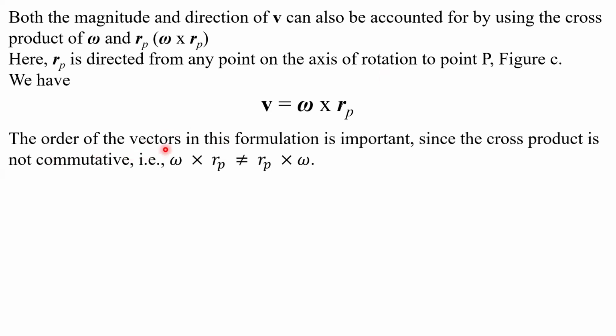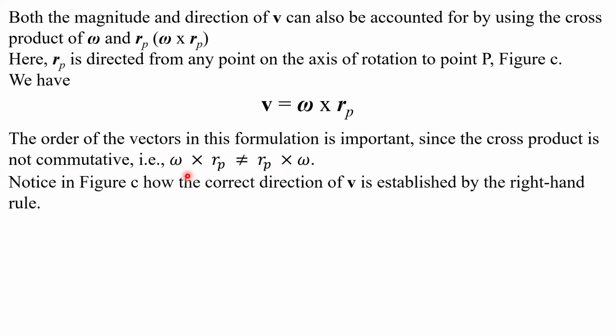The order of the vectors in this formulation is important, since the cross product is not commutative. That is, omega cross RP is not equal to RP cross omega. Notice in figure C how the correct direction of V was established by the right hand rule.